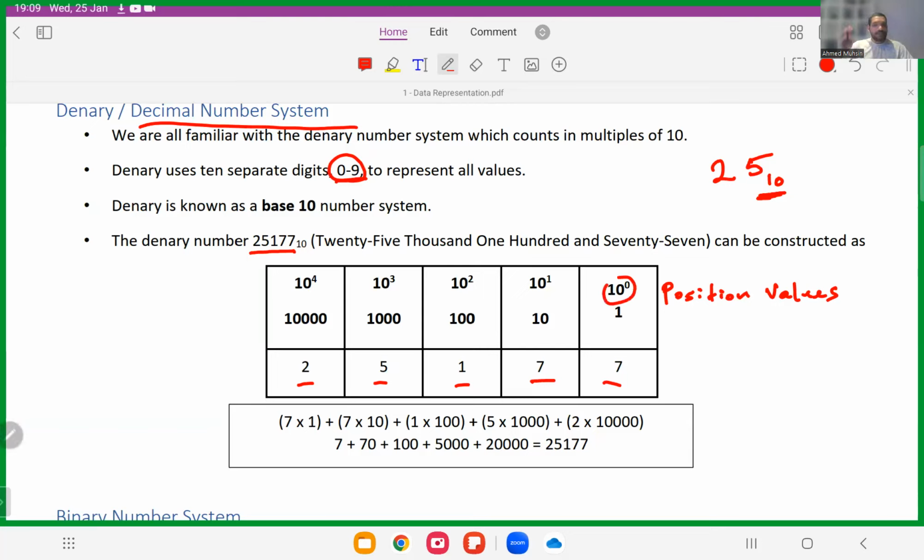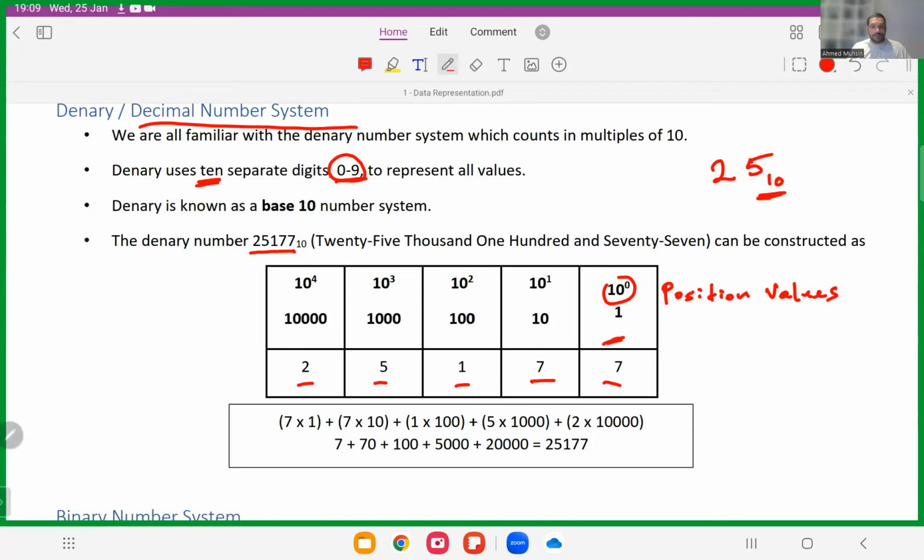Is it clear? It's 10 to the power of 0. Why did we take 10? Because we are using the decimal number system, and in the decimal number system there are 10 digits. That is why we have taken it as 10 to the power of 0. I hope it makes sense. So when we write the number, we start from the rightmost end, which is over here.